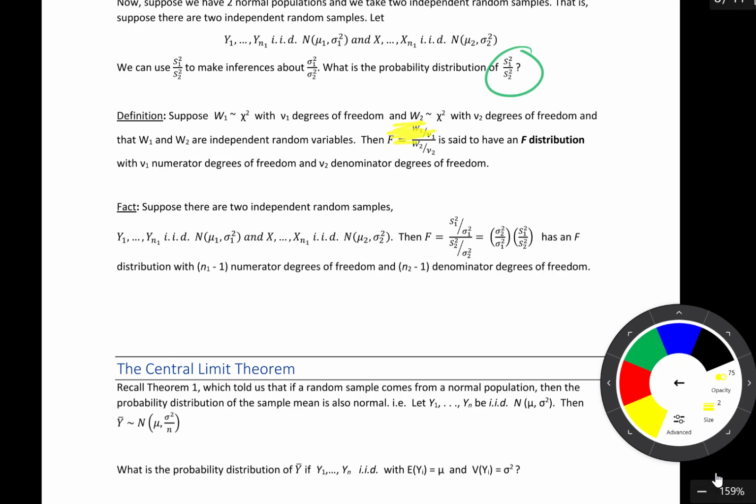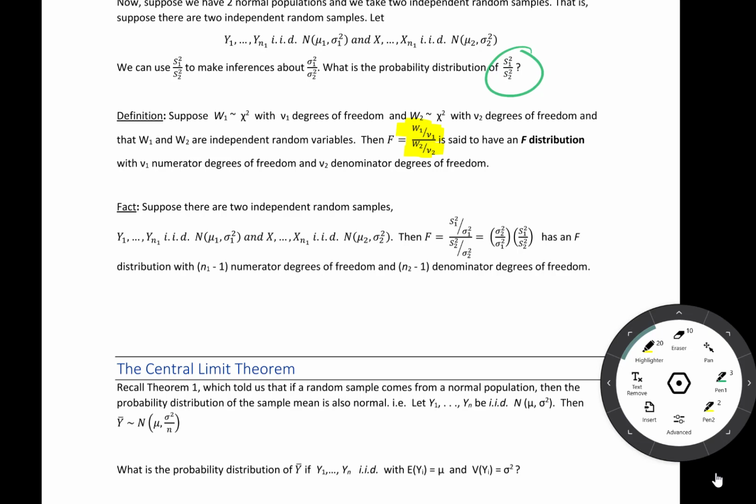So notice that when we talk about an F distribution, what we're really looking at here is the ratio of two chi-squared distributions divided by their corresponding degrees of freedom. Think back to when you first learned about an ANOVA test. An ANOVA test is really looking at the ratio of two different types of variability.